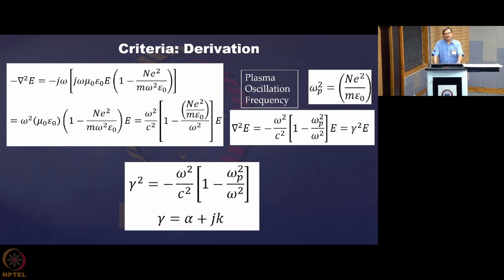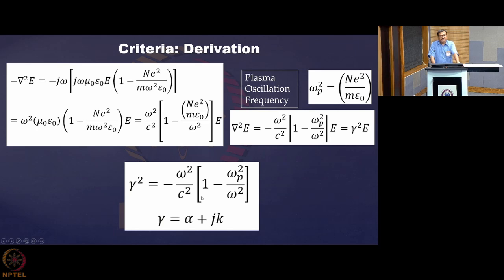Now if that is the case, you look very closely at this term and you can see that this can be both positive and negative. When this side is positive, since the negative sign is there anyway, the other side has to be negative to make the total quantity on the right-hand side positive. And in that case, gamma will be real, obviously.